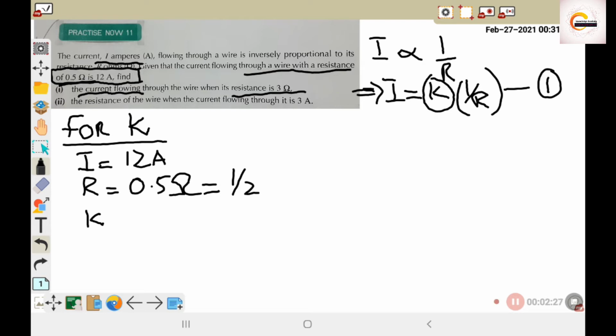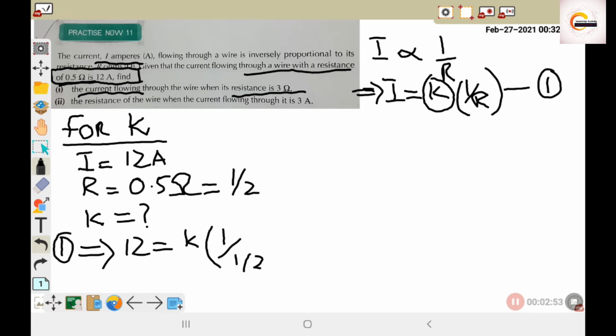So we have to find out the value of K. Write down the above values in our formula number 1, and it's going to be 12 is equal to K over 1 upon 2.